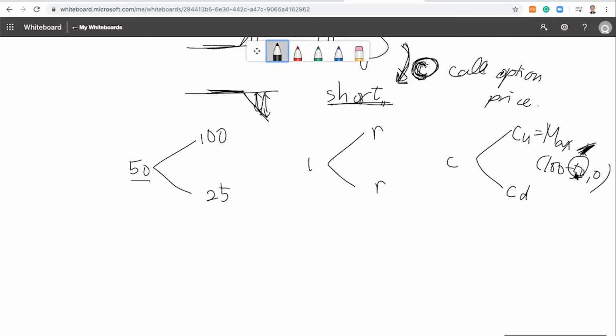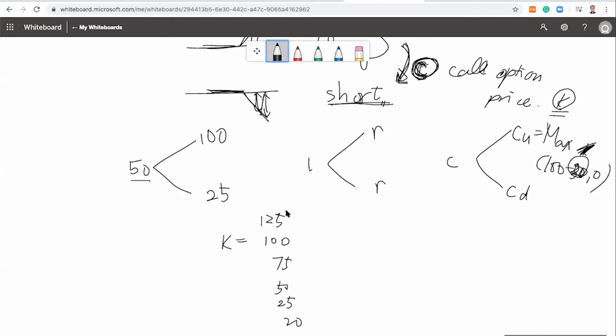You can take, say, 20. So this K is called the strike price. And actually, when you really derive the option pricing formula, there are lots of call options with different K values. So for example, K in this situation can be 125, say 100, and 75, 50, 25, 20.